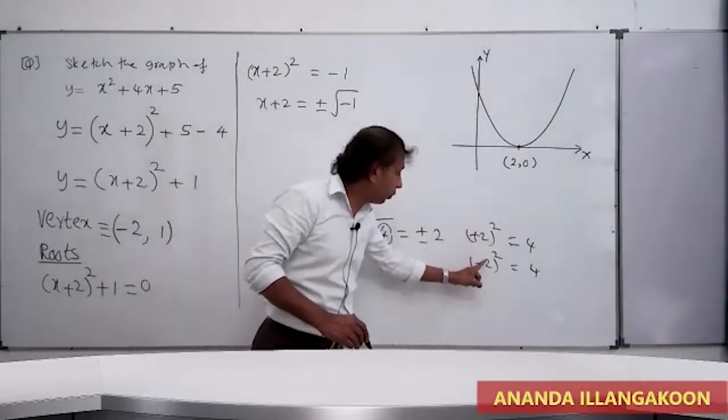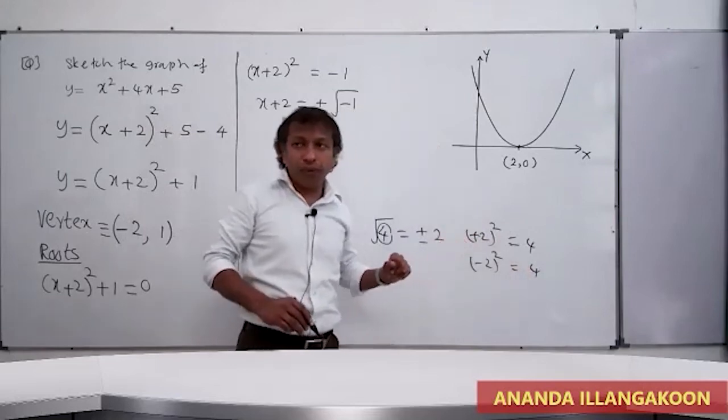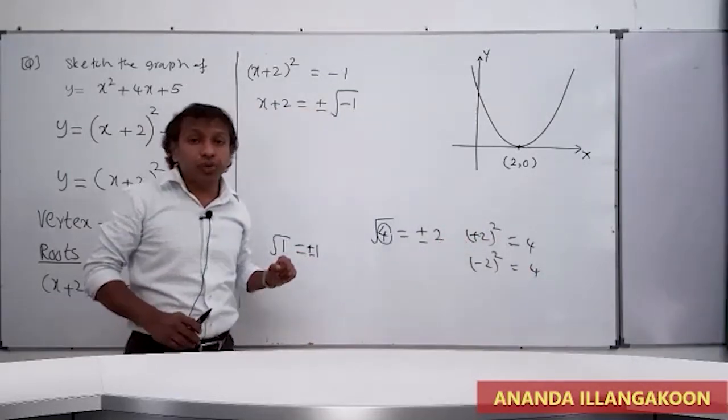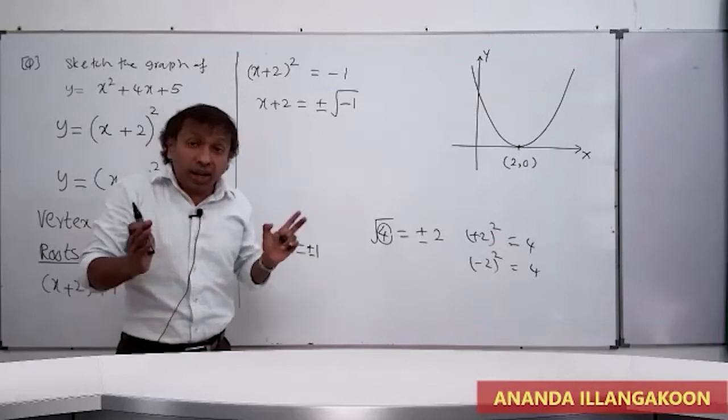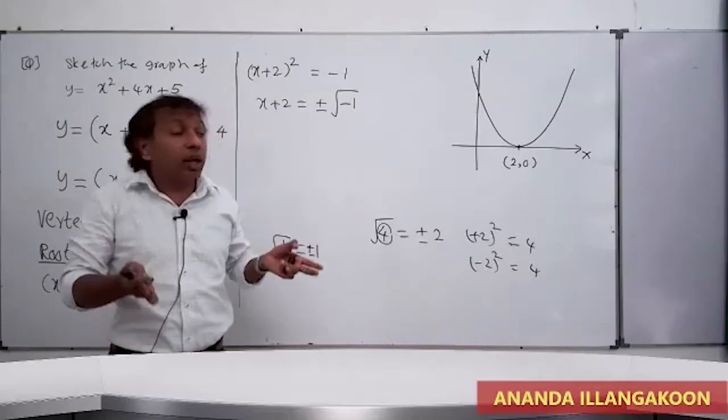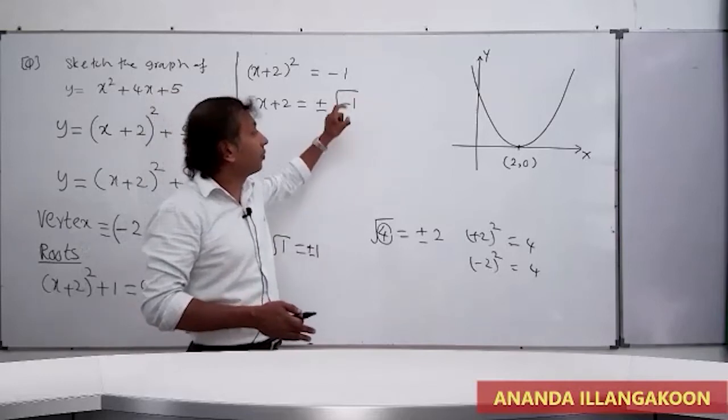By squaring plus 2 and minus 2, we get this 4. So therefore, the square root of 4 is either plus 2 or minus 2. Like that, tell me, by squaring what number can we obtain this minus 1?